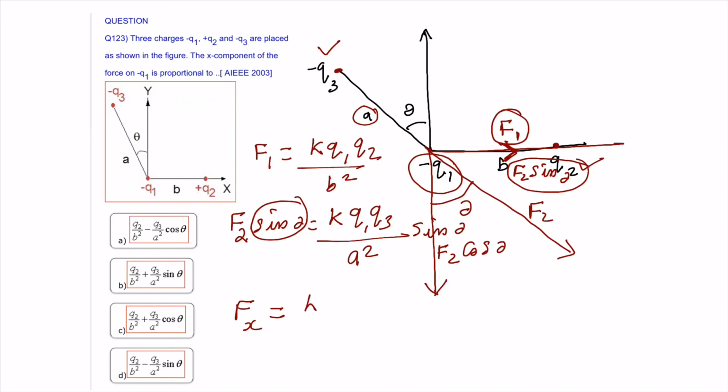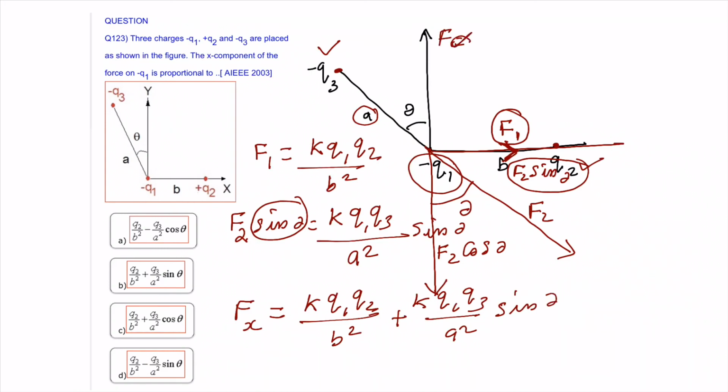So it should be K Q1 Q2 by B square plus K Q1 Q3 by A square sine theta. So we can say force is proportional to, remove K, we are writing proportional, right? Q1 Q2 by B square plus Q1 Q3 by A square sine theta. So which option? Option B is the right answer.